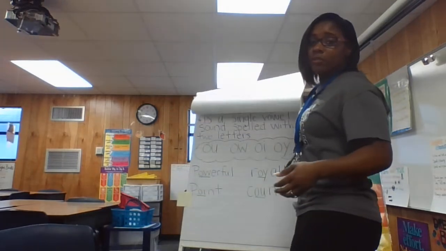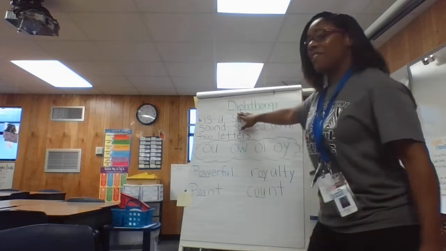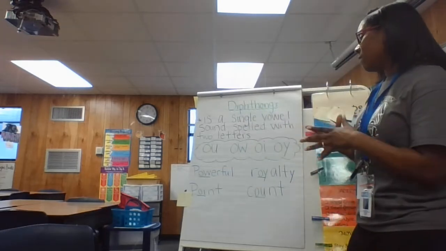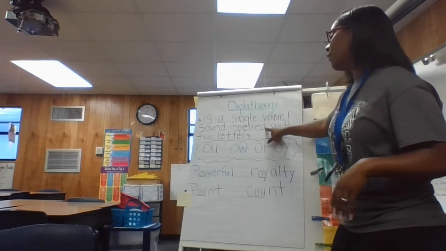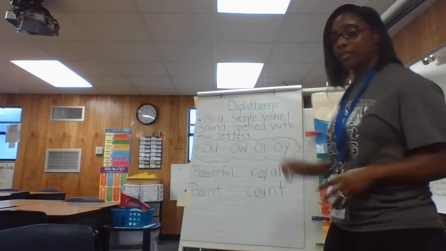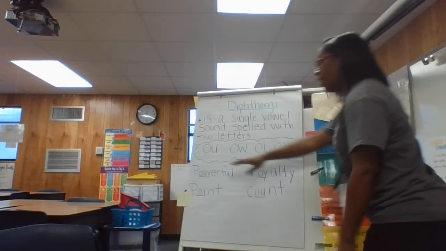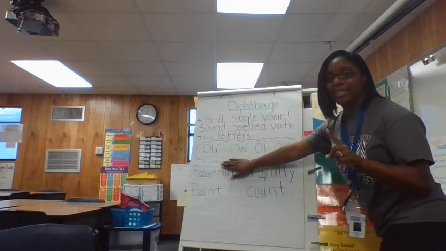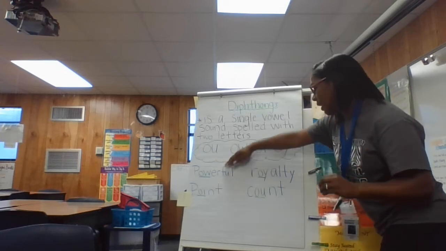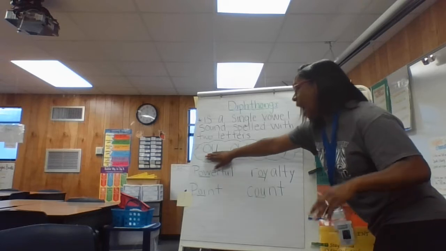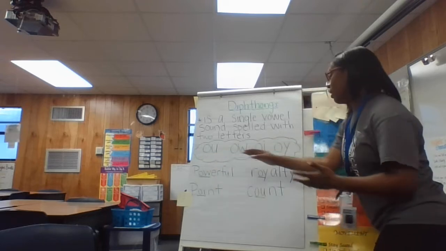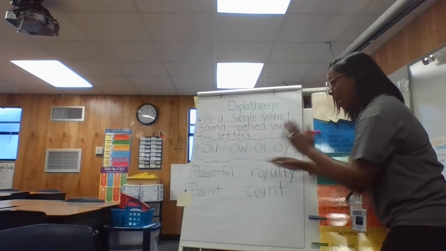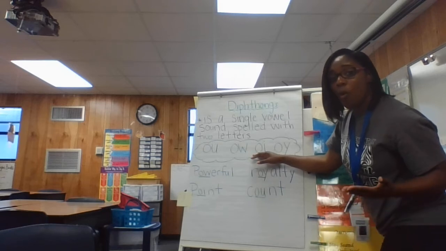and one of the most recent ones, are the diphthongs. The diphthongs, a single vowel sound spelled with two letters. Now, you have the OU and the OW. They make the same sound of ow, like in the word house or brown. The OI and the OY, that makes the same sound of oi.